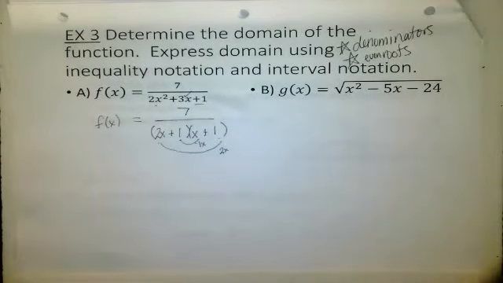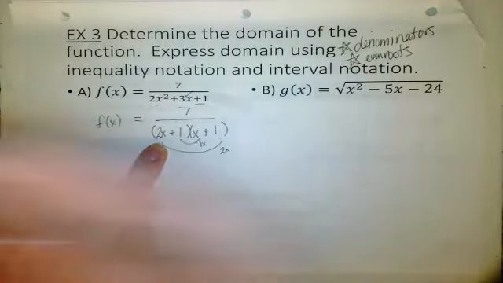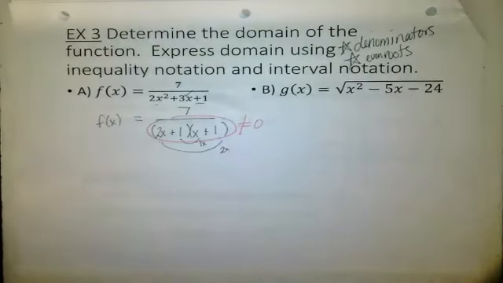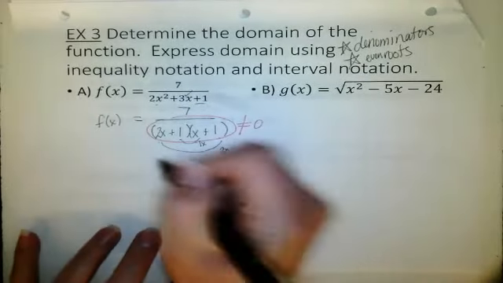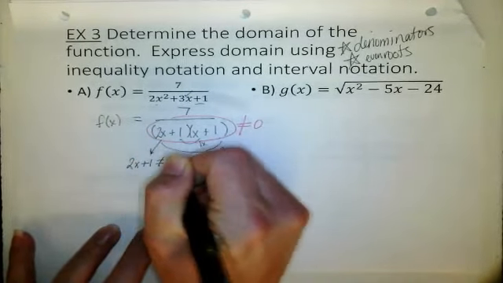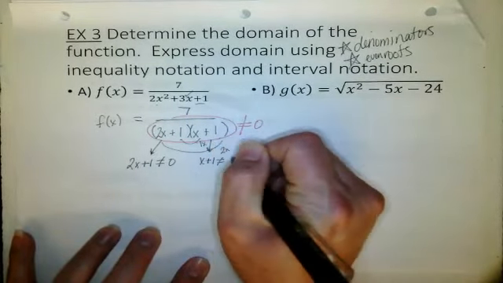Okay. So because we have this denominator, denominators are not allowed to equal 0, which means we're going to figure out what those are. We set each bubble and say, you're not allowed to be 0, and you're not allowed to be 0.